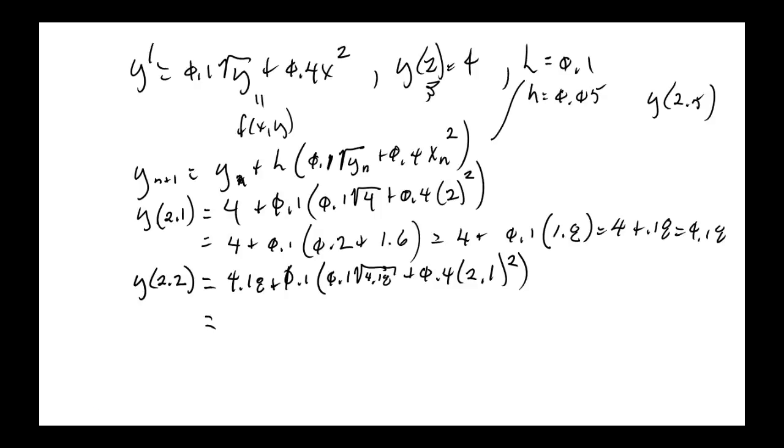4.18 plus 0.1 times 0.1 times the square root of 4.18 plus 0.4 times 2.1 squared.